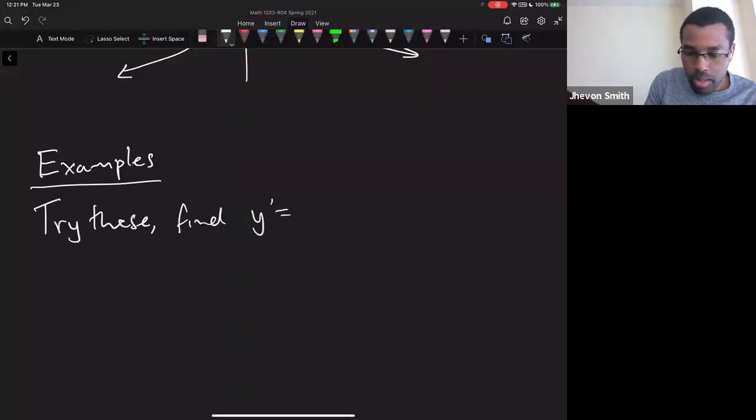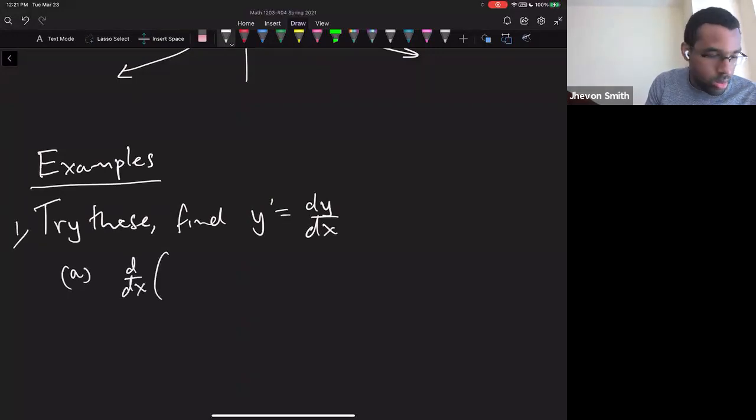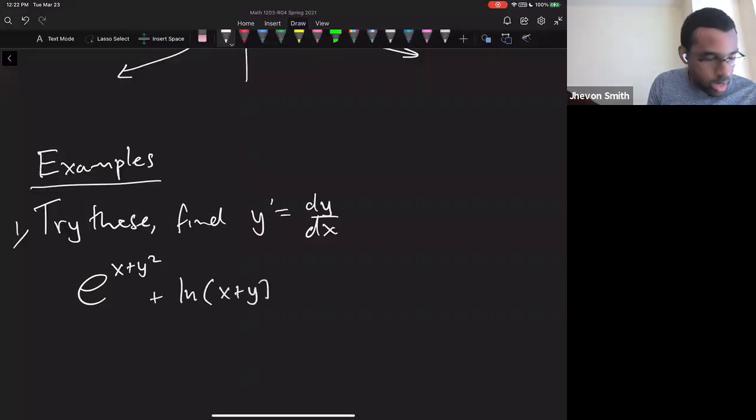Find y prime equals dy dx. Find the derivative of... I just have one more here. e to the x plus y squared plus ln of x plus y equals 3.